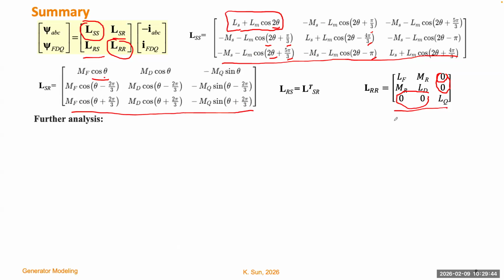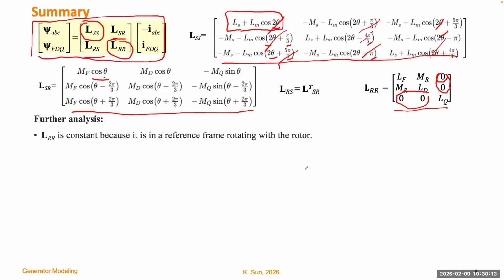Okay, so let's do some quick analysis to see how we can simplify the model. Our goal is to get rid of the theta in those matrices. If we want to introduce any transformation, we still want the flux linkage equation in a similar form, but with everything theta independent.